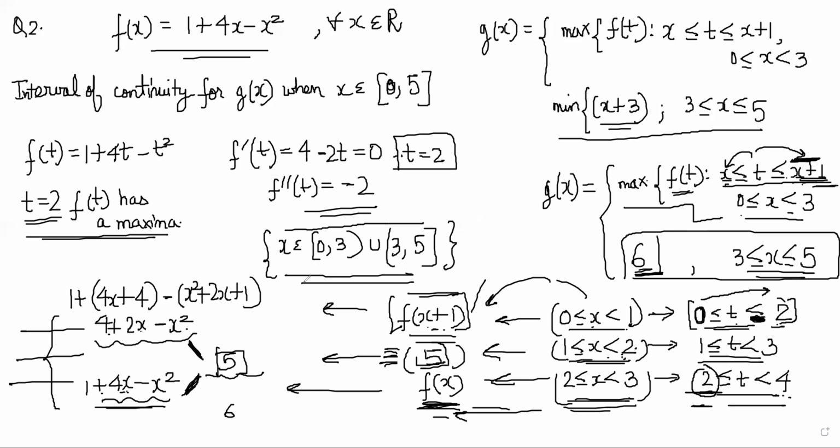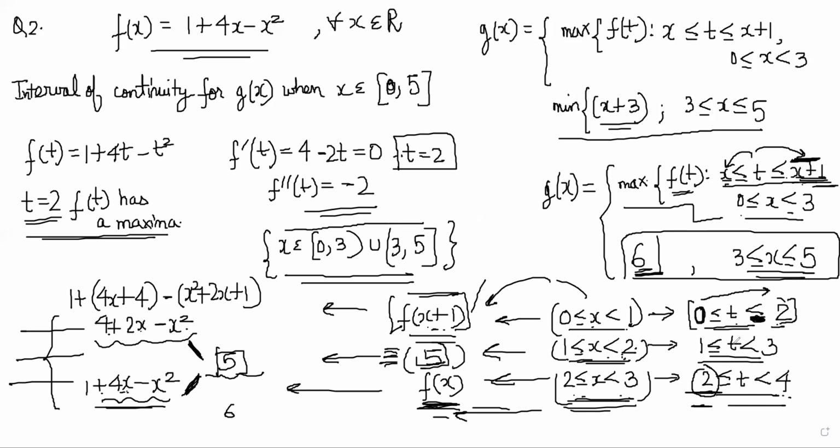It can be 2 in the third one also, right? Because it cannot be greater than or equal to t. Wait one second. 2 in the third one. I mean, f of x is this, x is going from here, so t is going from 2 to 4. It should be equal to 2.